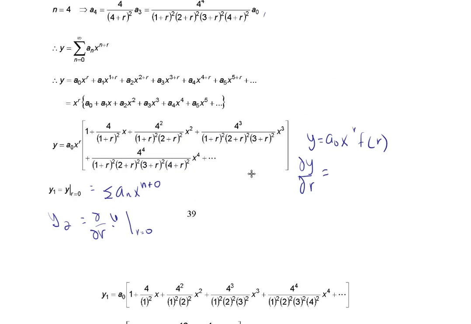this y, as I've shown you in the first part, y equals a naught x^r f(r). If I want to find dy/dr, I will get a naught.